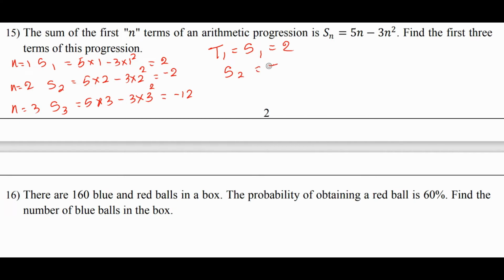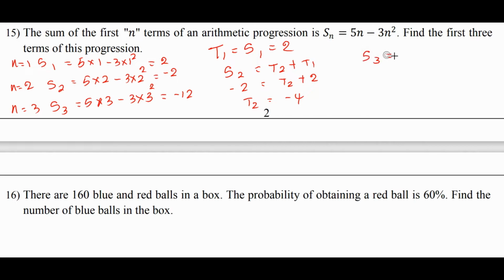Then S2 should be T2 plus T1. We know the value of S2 is minus 2 and we know the value of T1, it is plus 2. Then T2 should be minus 4.